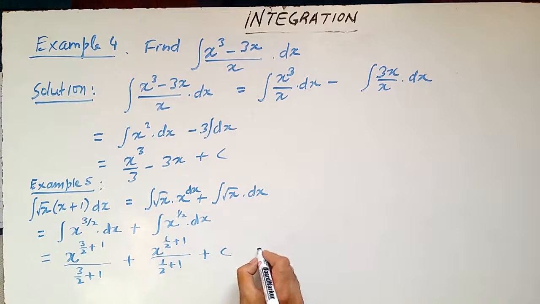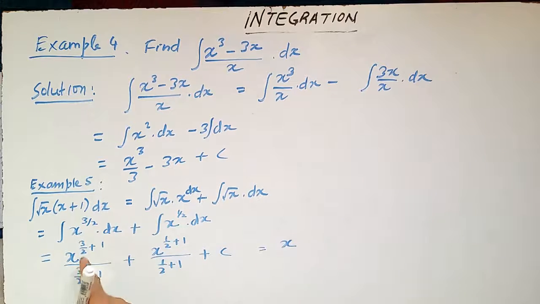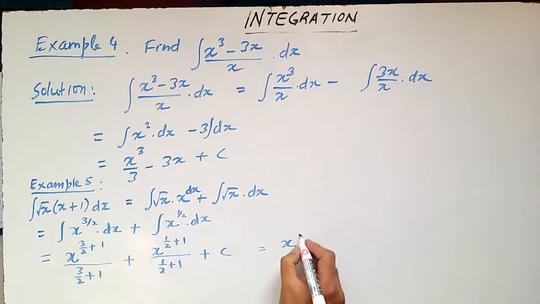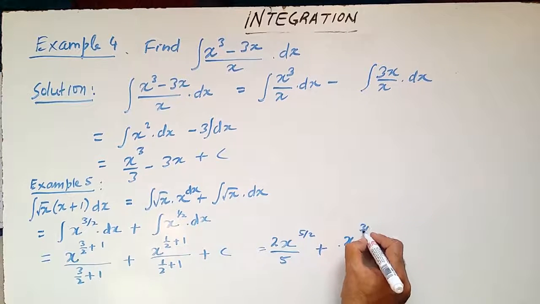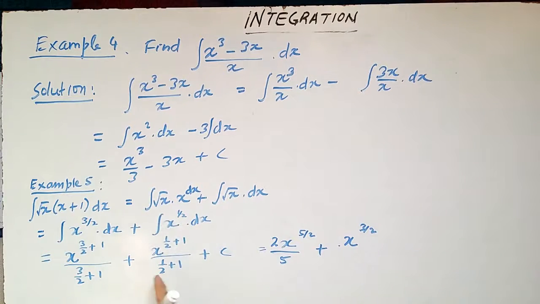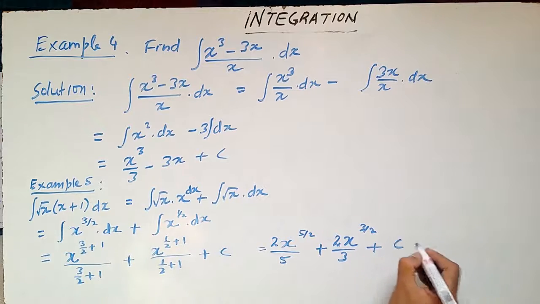So it becomes x to the power 3 by 2 plus 1, which is x to the power 5 by 2, divided by 5 by 2. So we can take 2 on top and the denominator will become 5, plus x to the power half plus 1, which is 3 by 2, divided by 3 by 2. So again 2 will come to the top and 3 will remain in the denominator, plus c. So this is the answer.